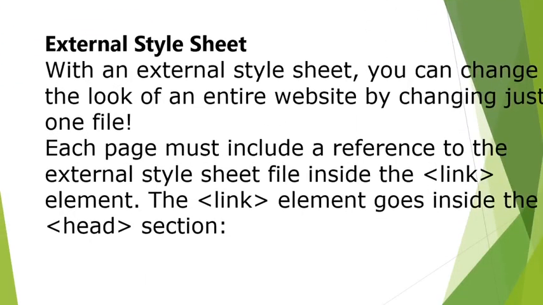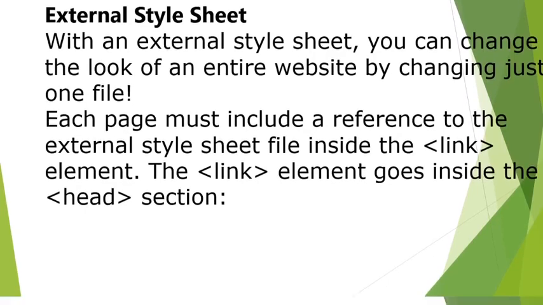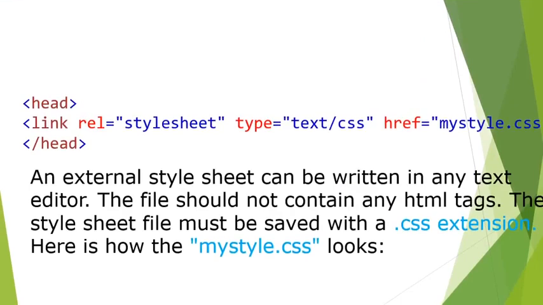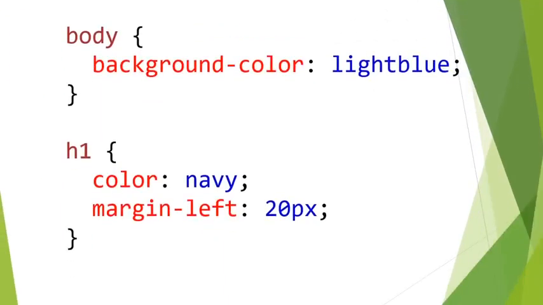When you talk about an external style sheet, it is when you are getting it from a different file. For example, you include the link rel stylesheet, that is the link directing to where you are actually getting your file.